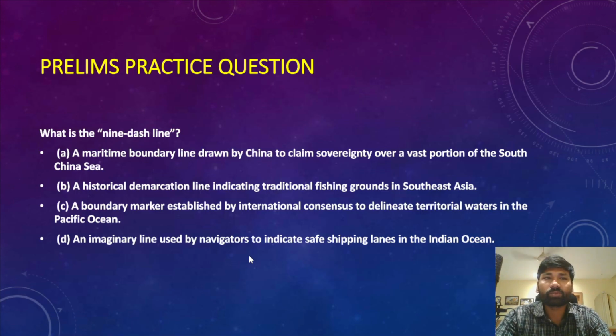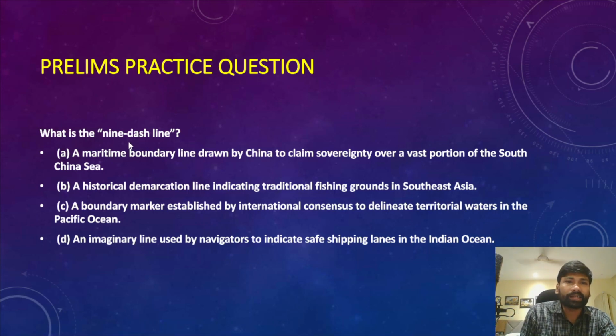Please answer this question in the comment section. This is also a very important question, frequently in the news. What is the 9-dash line? I've given you 4 options. Option A, a maritime boundary drawn by China to claim sovereignty over a vast portion of the South China Sea. Option B, a historical demarcation line indicating traditional fishing grounds in Southeast Asia.